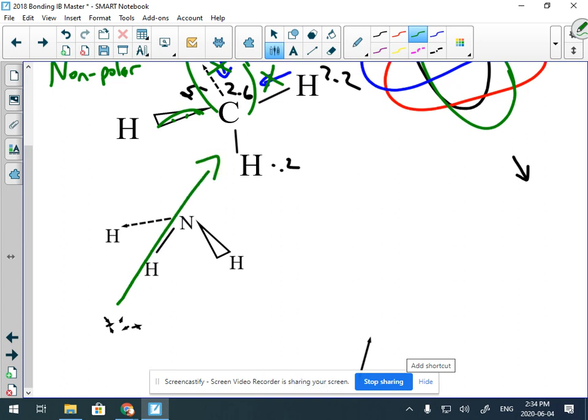That means this molecule is polar. The electrons are going to be pulled to the top, leaving the bottom positive. Like a magnet, ammonia can connect to other ammonias and keep itself together. So ammonia has a much higher boiling point than CH4 because of that.